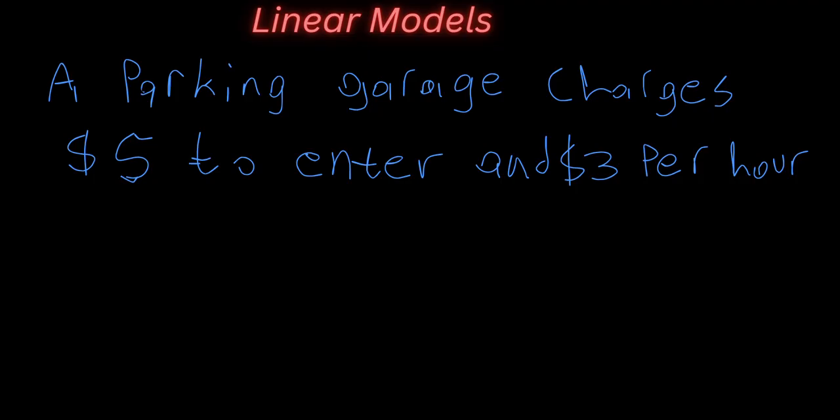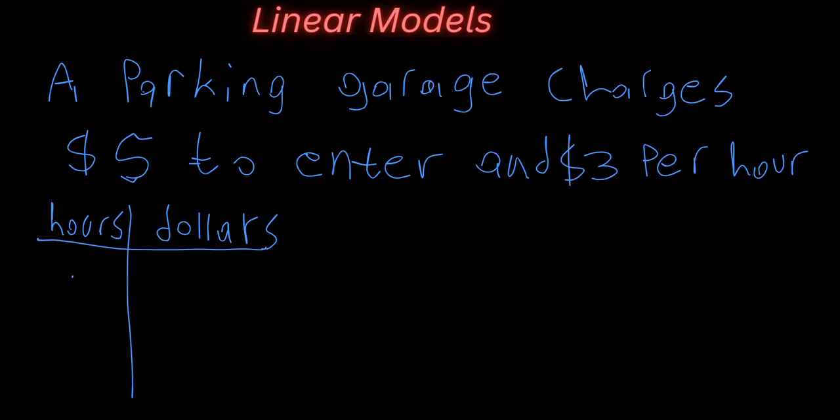Okay, so I'm going to start by actually creating a table. That helps me understand what I need to do. And let's write it this way. Let's not mince words. We're not even going to use x and y. We're going to use hours and dollars.